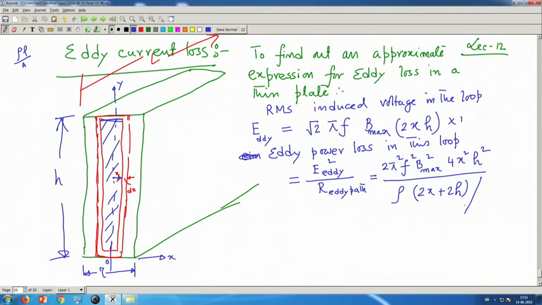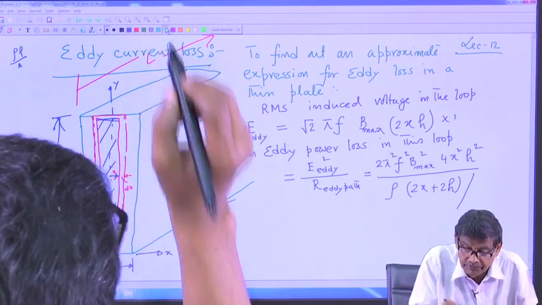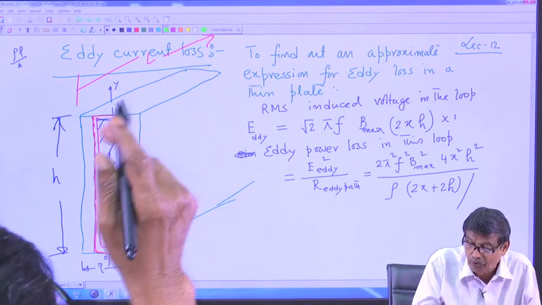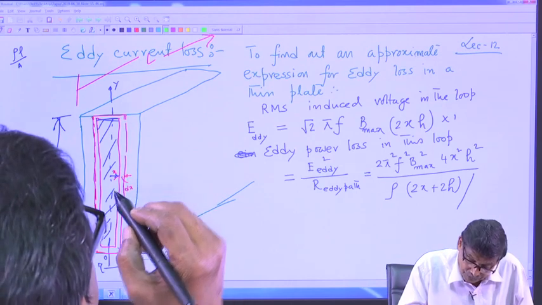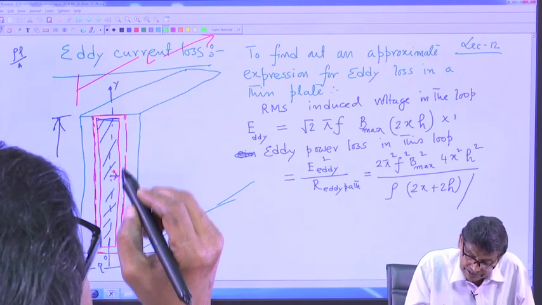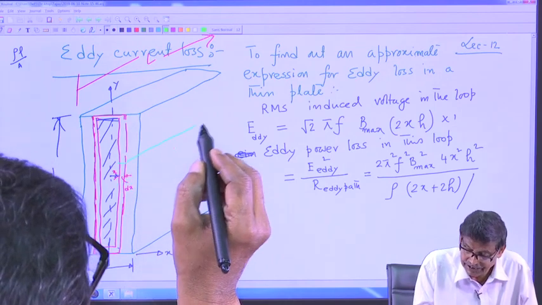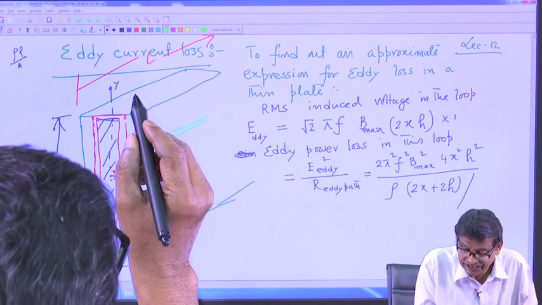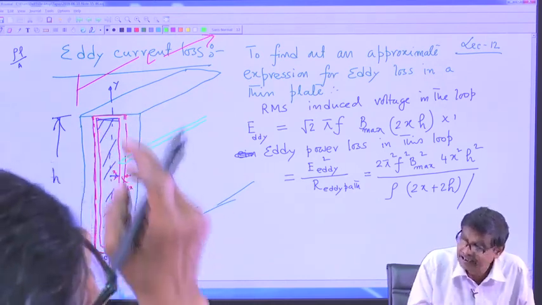Now, here it requires some observation, that is, what is the cross section? This loop, as I told you, exists all along this length, here also it exists. And current at a given instant of time will flow, this is the cross sectional area, because the loop exists here also, this is not for this single fellow.